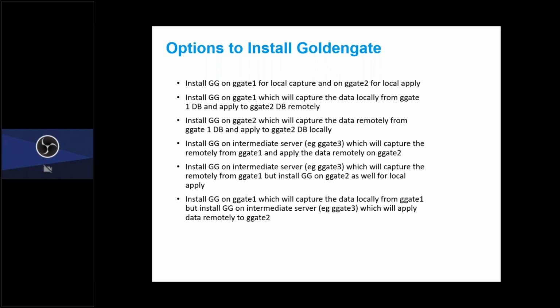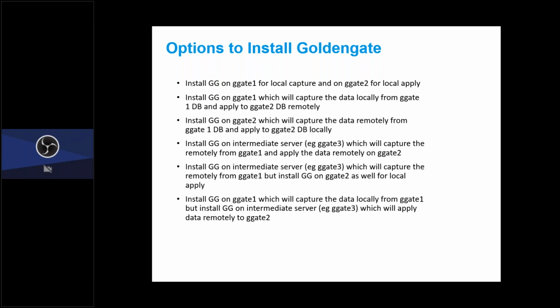So again, how many installations do we need in the fourth option? One, absolutely one. So the second, third, and fourth options, you can call Goldengate hub. What hub means is you have one central Goldengate which is connecting to one or more sources and one or more targets.